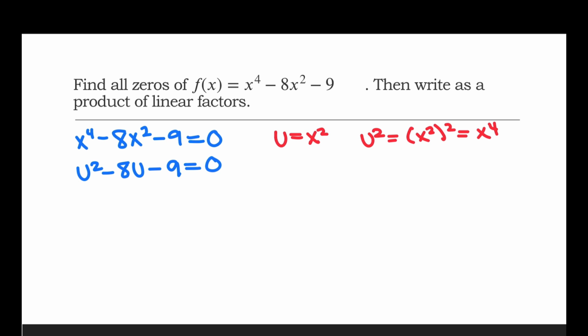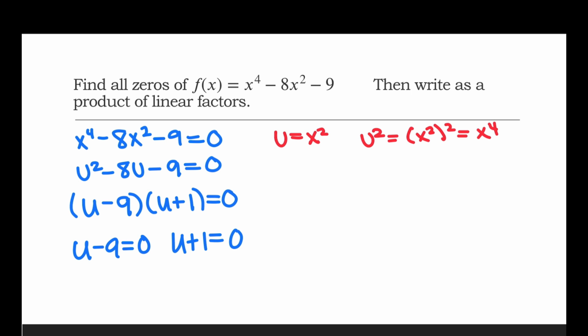So I have the equation u squared minus 8u minus 9 equals 0. This is something we can factor. 2 numbers that have a product of negative 9 would be 9 and 1, and if I do negative 9 and positive 1, that does add up to that negative 8 in the middle.